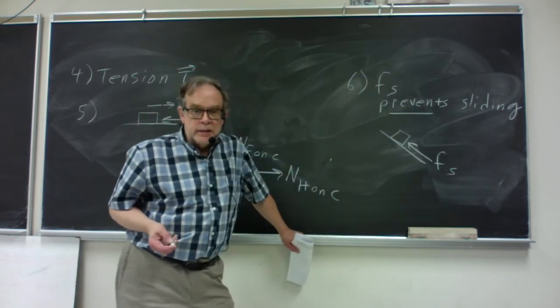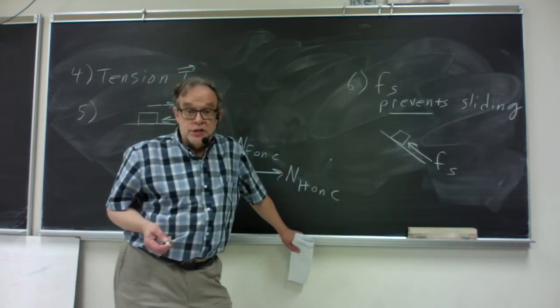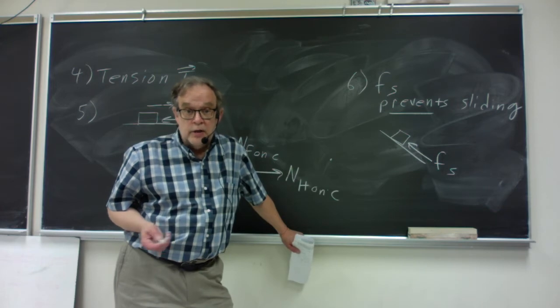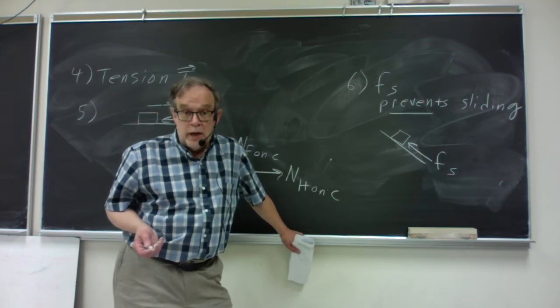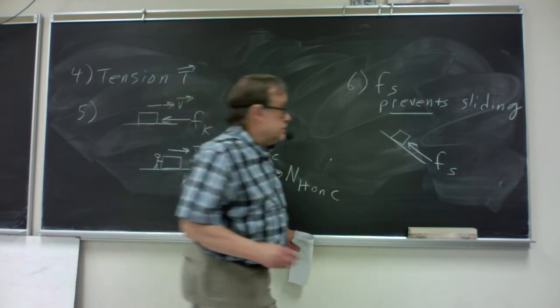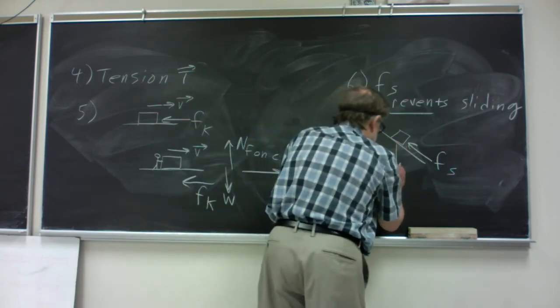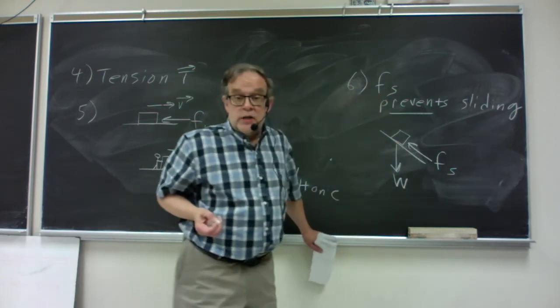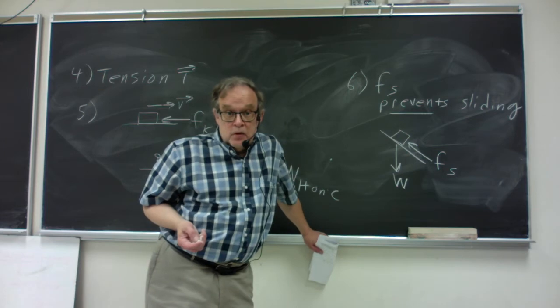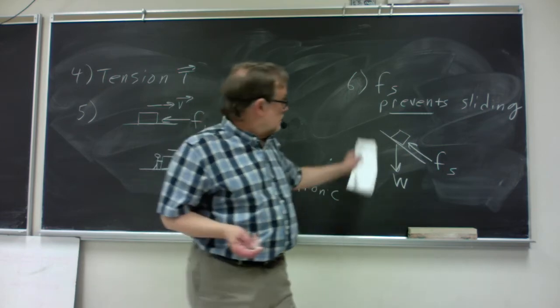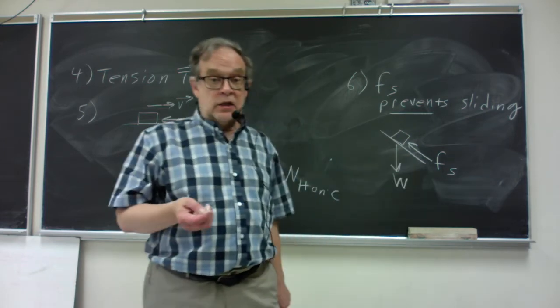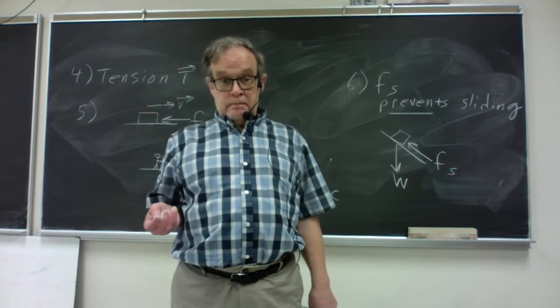And just for completeness, let's put the other forces on the crate into that drawing. There is, as always, the weight pulling straight down, towards the center of the Earth. And again, there is a normal force from this surface, from the incline, pushing on the crate.